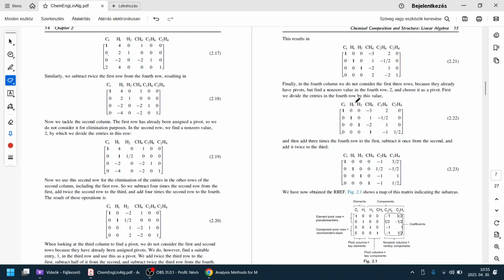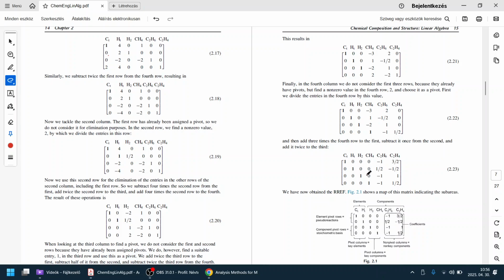Okay, then we will have this stuff, and now I point to this number, the pivot. How do you pronounce it? Pivotal, pivot, okay. And I multiply by 2, minus 1, 3, and add to these rows.